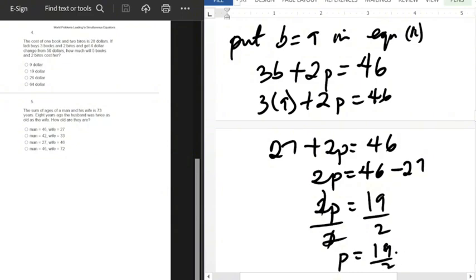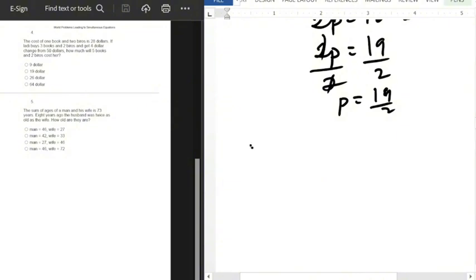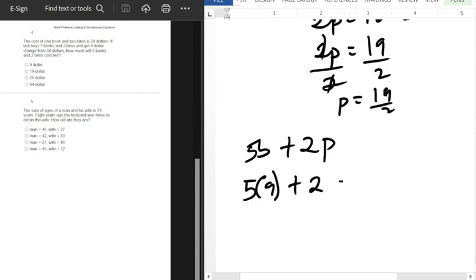But the question asks us to find the value of 5 books and 2 biros. The value of B is 9. So 5 books plus 2P. That's what it means. So 5 times 9 plus 2 times 19 over 2.